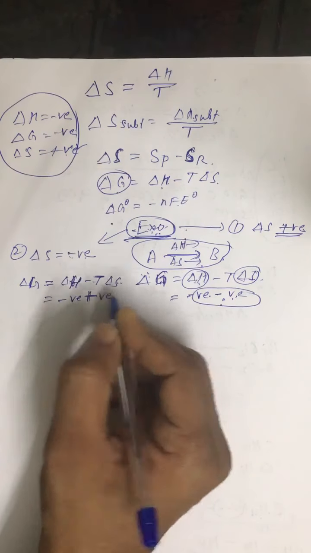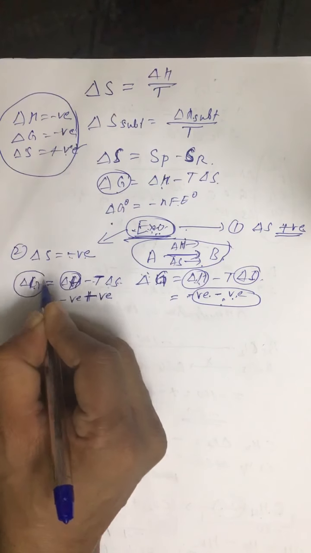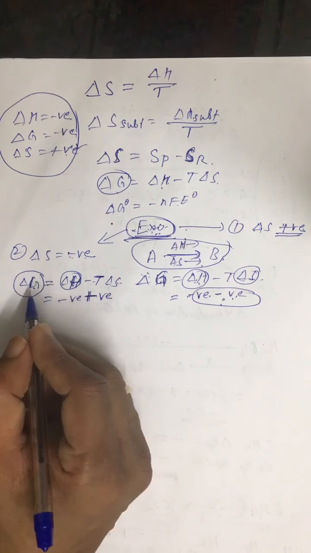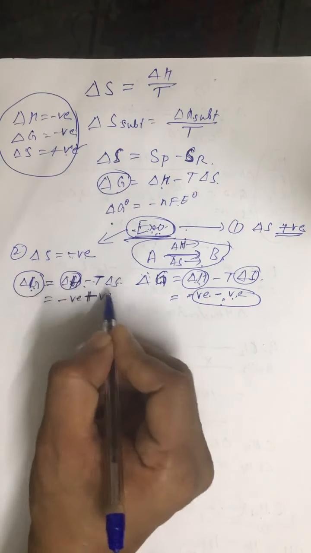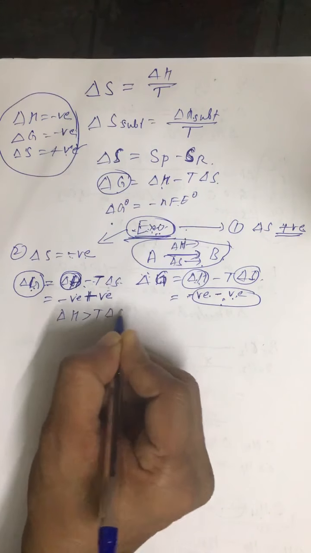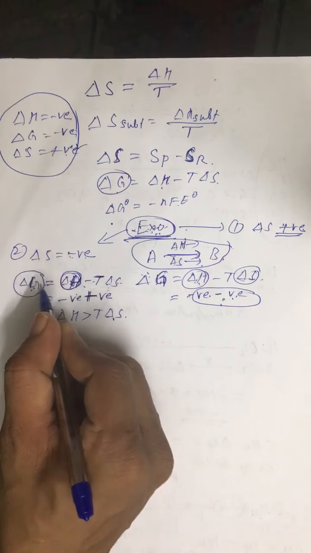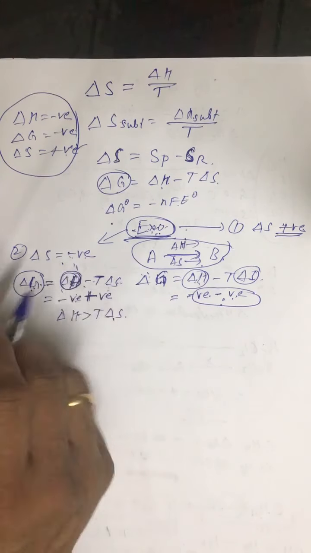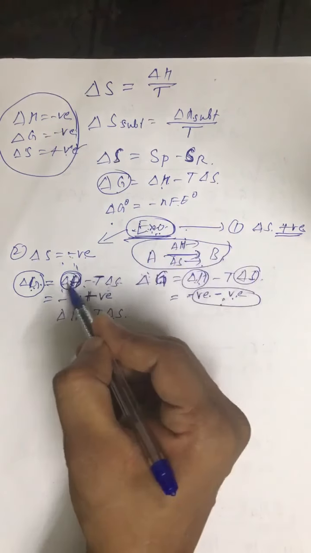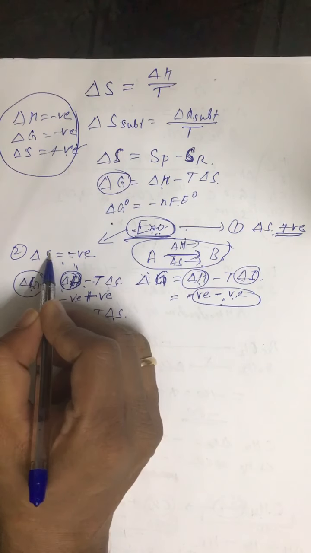So now see, what is the problem here? Unless ΔG becomes negative, the process cannot be spontaneous. So for negative ΔG, ΔH must be greater than TΔS. If ΔH is greater than TΔS, only then the process will be spontaneous. So for exothermic reactions, we have two conditions. One, ΔS is positive, and second, ΔS is negative.